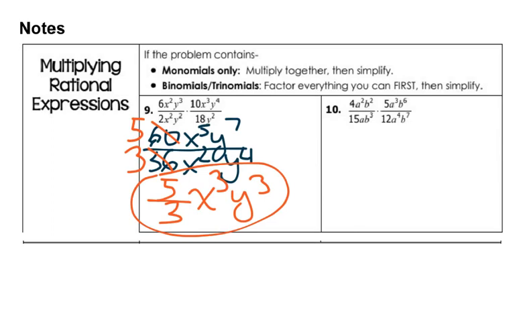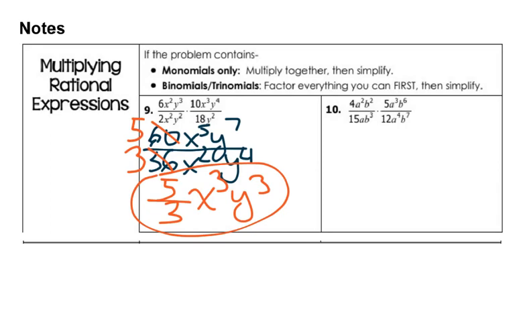In example number 10, I'm going to show you a slightly different way. I'm going to actually reduce first before I multiply. So I'm going to look at the coefficients, and when you have multiplication of fractions, you can reduce coefficients within the same fraction, so numerator with denominator, or you can reduce across.